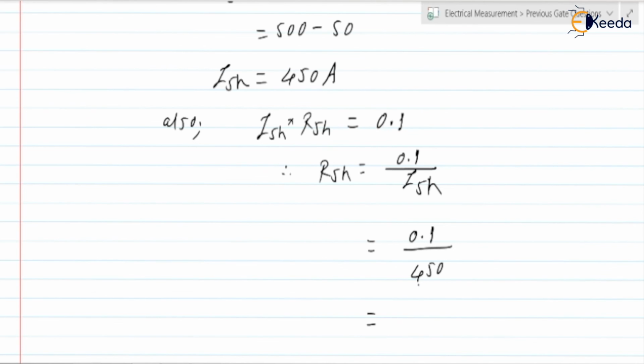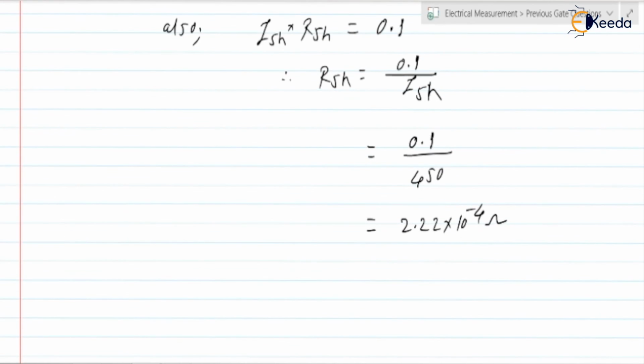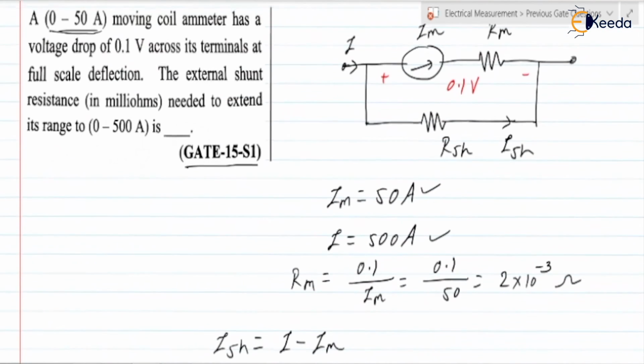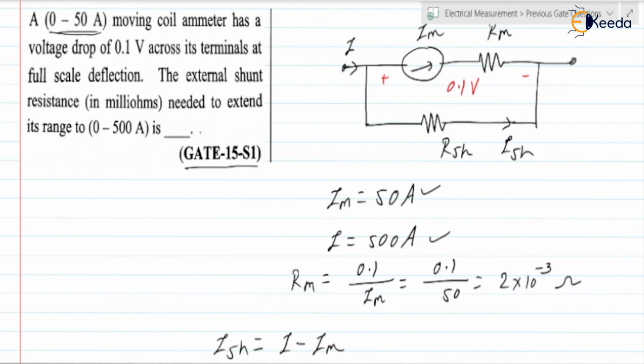It is 2.22 into 10 to the power minus 4 ohm. But they have asked in milli ohm. Okay, so it is equal to 0.222 milli ohm. This is the RSH. So final answer is 0.222, right? 0.222.